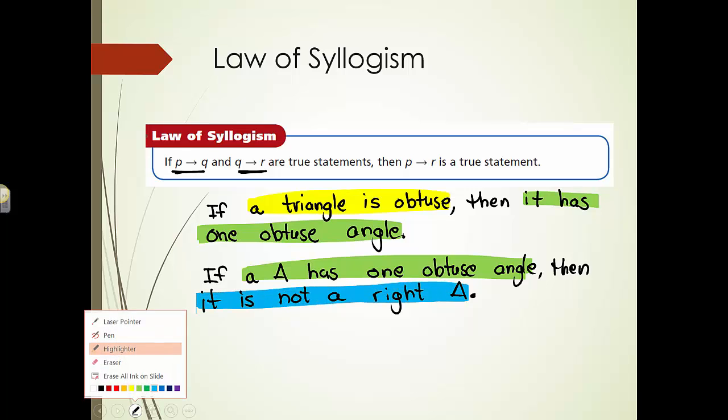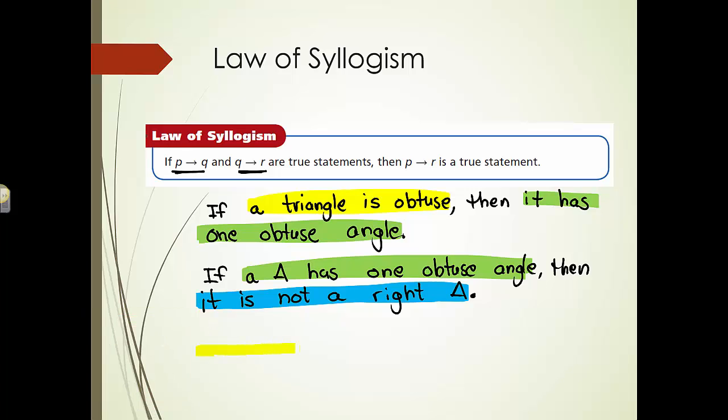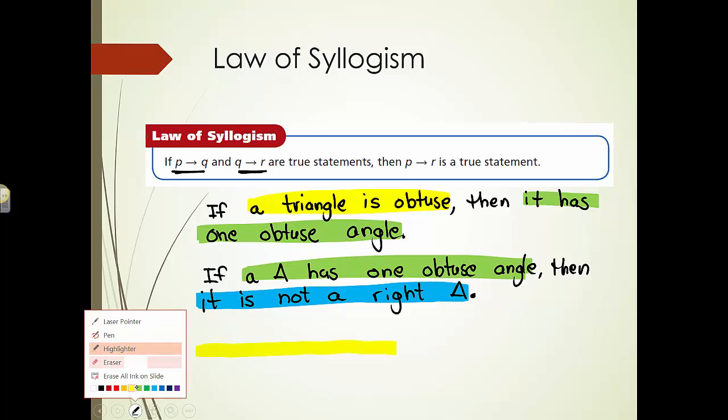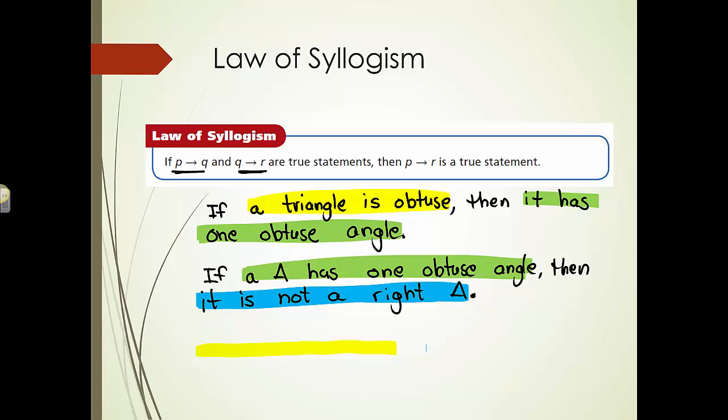Okay. So then it says P to R is true. So that means you can cut out Q. So that means for my final statement, I should be able to do P, which is yellow, cut out the green in the middle, and then Q, which is R.